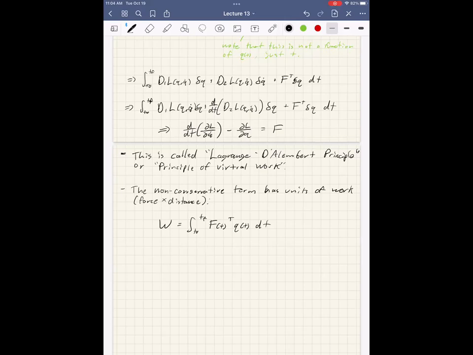And when I take the variational derivative of just this term, I get, with the standard variational derivative notation, the variation of the work equals F dot delta Q dt.